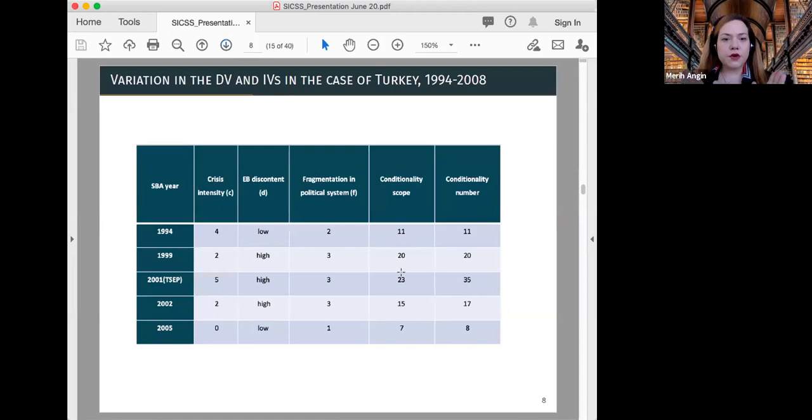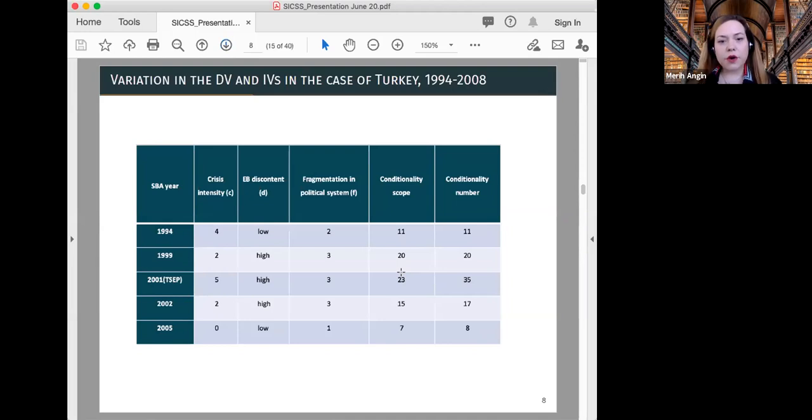So here I put the main variables that enter the model, and you can see the variation here. Crisis intensity, we use Reinhardt-Rogoff crisis tally measure. Fragmentation of the political system is quite straightforward. It takes the value of 1 if it's a single party government, 2 when there's 2 coalition partners, 3 when there's 3.